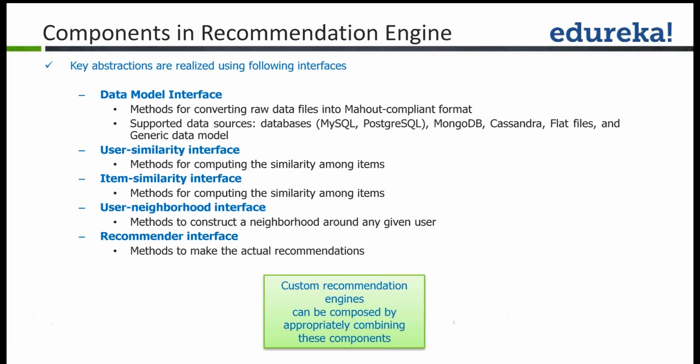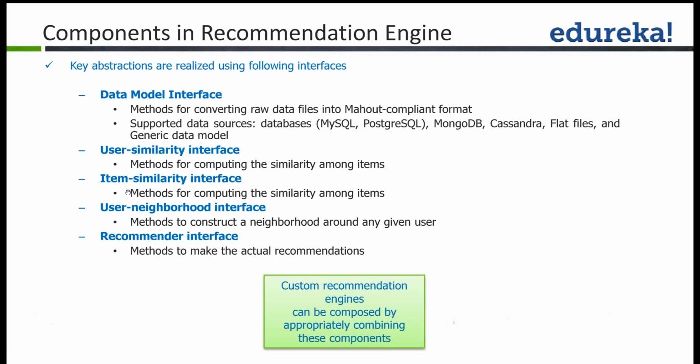And before we even talk about finding similar users, we need to know how to compute such a similarity, right? Given two users, you need to be able to compute the similarity between them. And this particular interface has different methods available already for doing something like that.